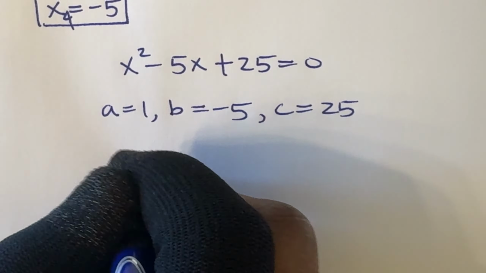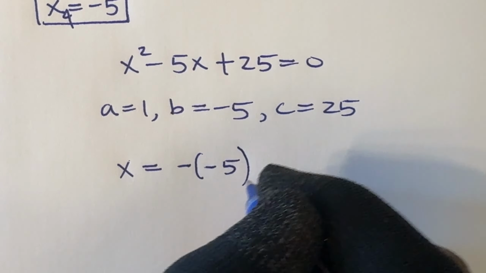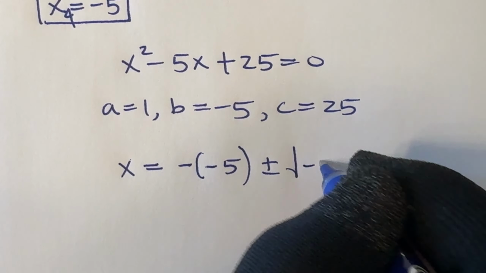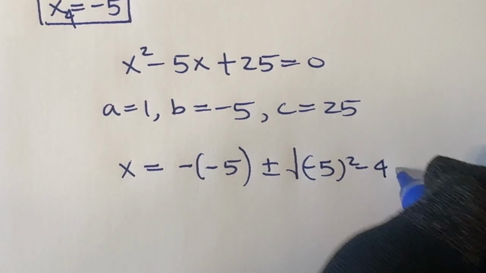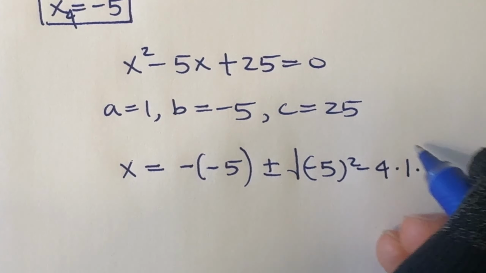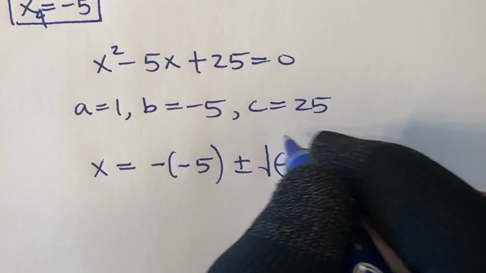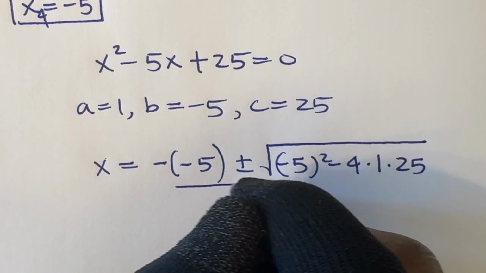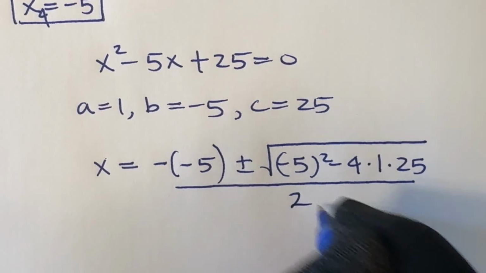So x is going to be minus negative 5 plus or minus the square root of negative 5 squared, then minus 4 times A times C, C being 25, then divided by 2a, which will be 2 times 1, which is 2.